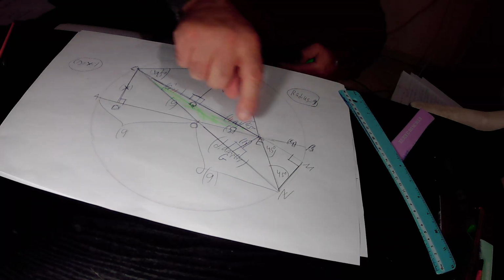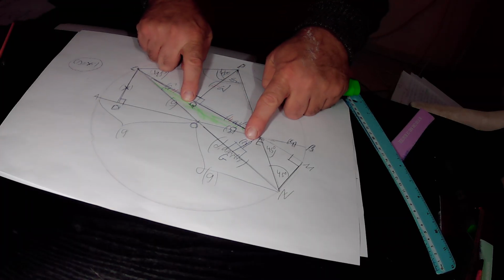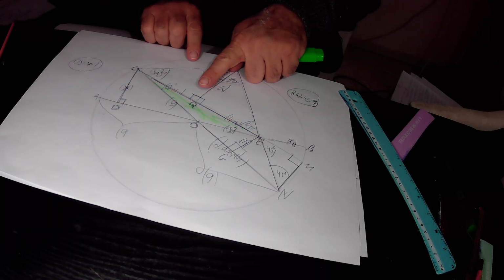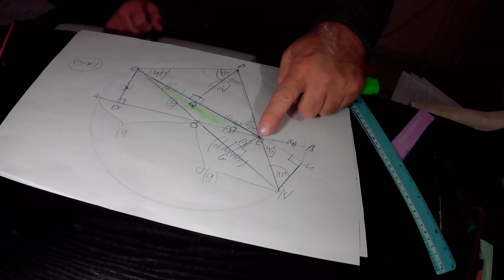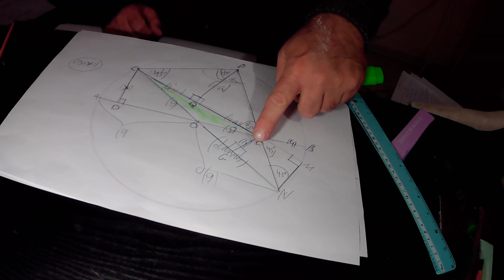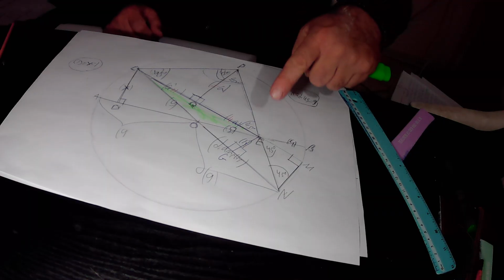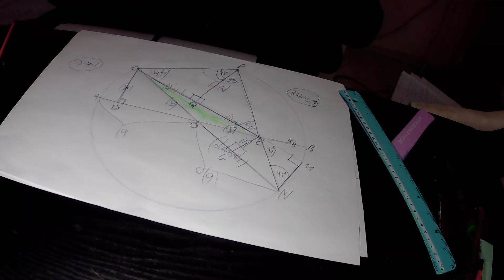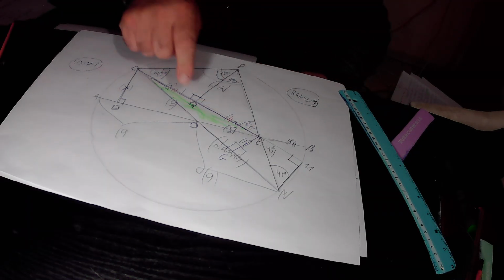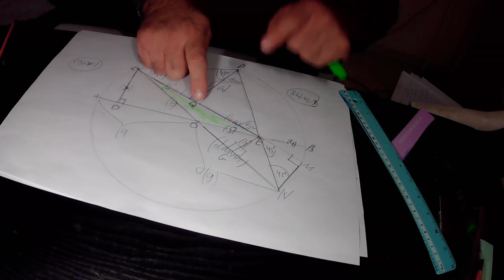The big triangle CEN consists of the green triangle COE plus the lower triangle OEN. Therefore, its area must be equal to the sum of the areas of those two components.